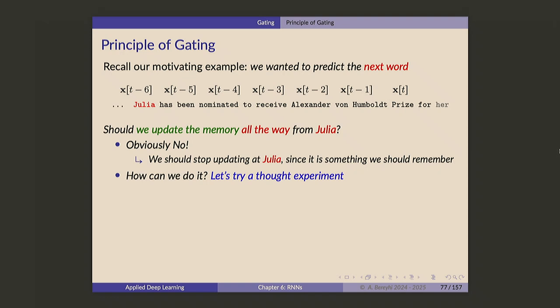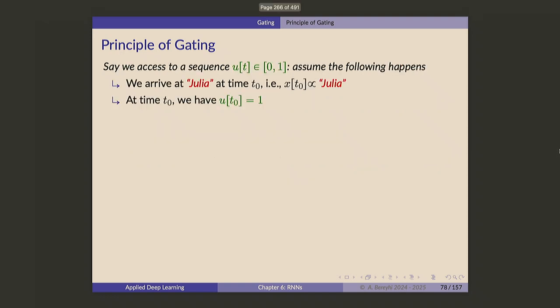For now, just think about a kind of thought experiment. The thought experiment is that I really do know that Yulia is important, and then I have this extra degree of freedom. At every single time, I have one variable u. This is the gating variable, but you're going to see why we call it gating. So this u is a number between 0 and 1.